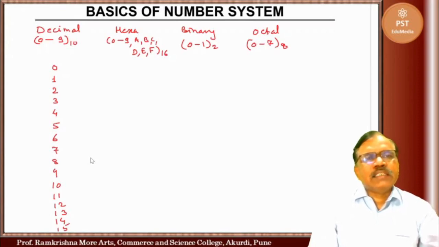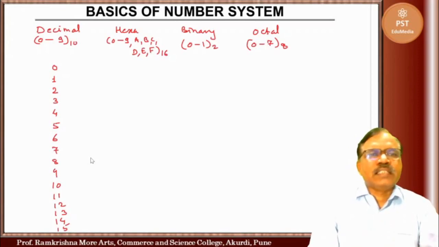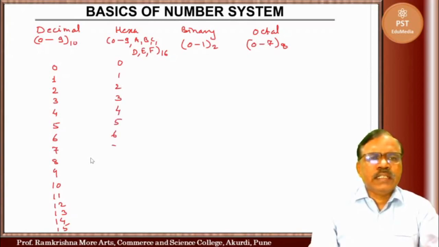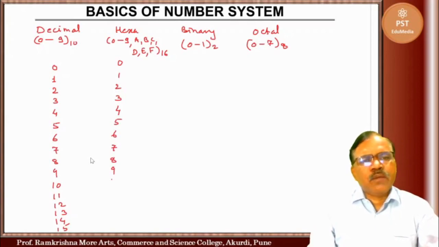Corresponding hexadecimal means when we convert into hexadecimal, we use digits 0 to 9, and for 10 we use A, for 11 B, for 12 C, for 13 D, for 14 E and F for 15.